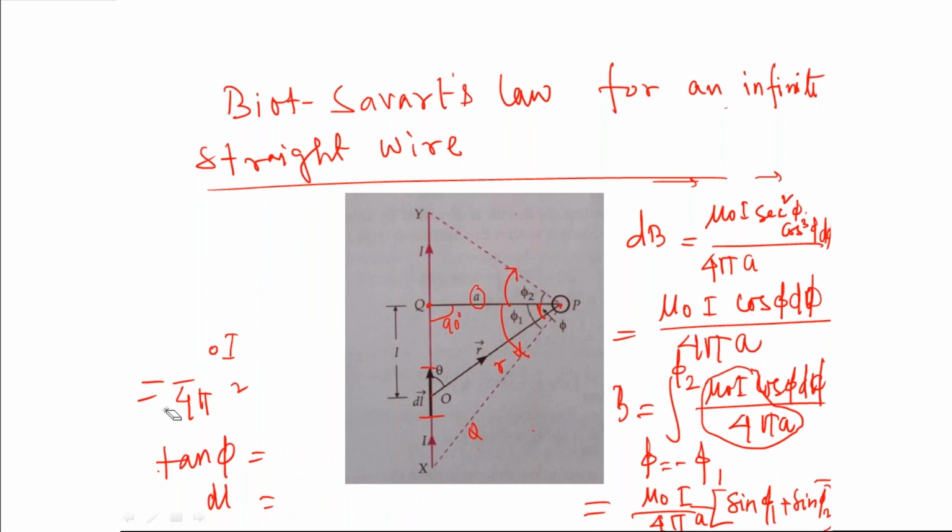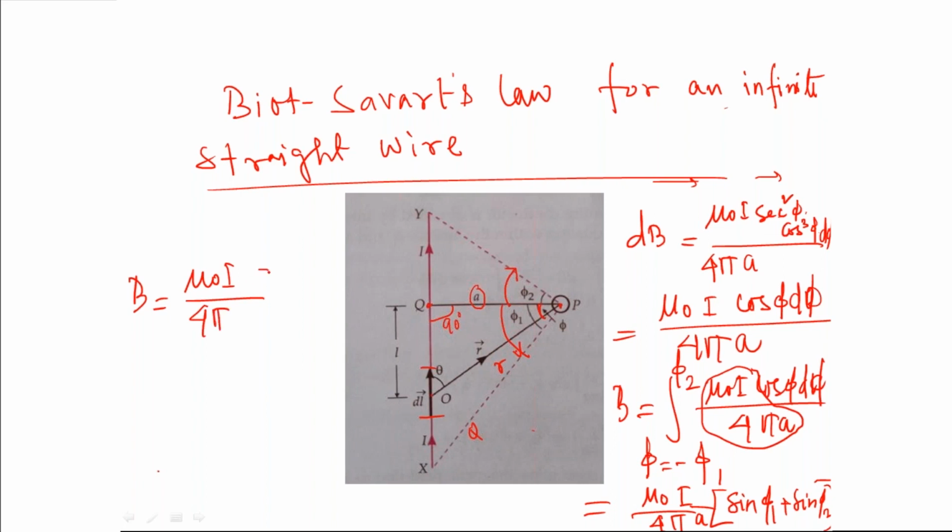So B will be actually mu 0 I by 4 pi a, and then sine phi 1 plus sine phi 2. So this will be the final expression. And look, what is phi 1 and phi 2 once again? I'll tell you once again.